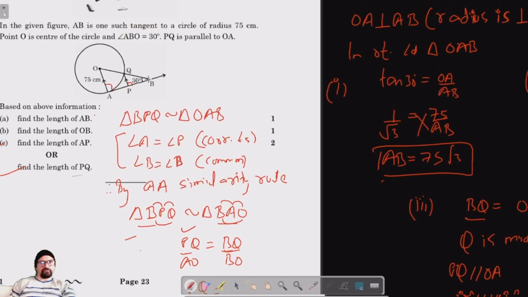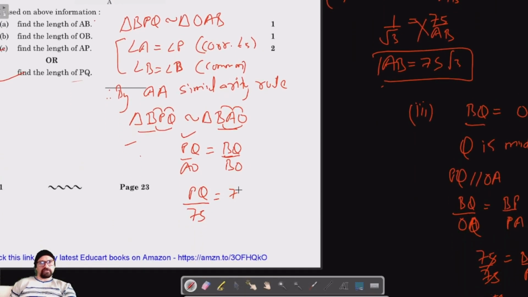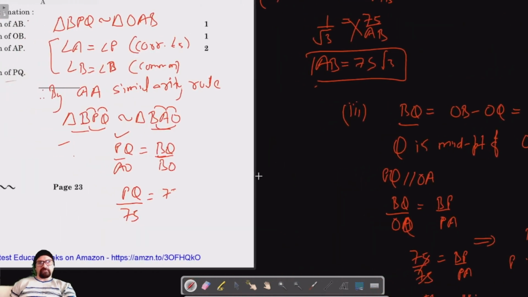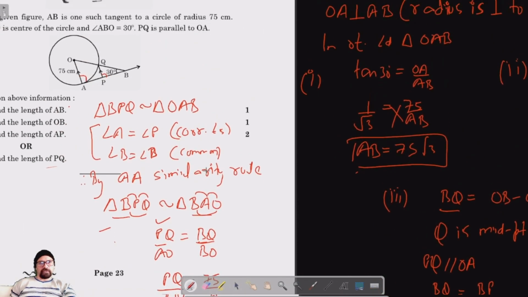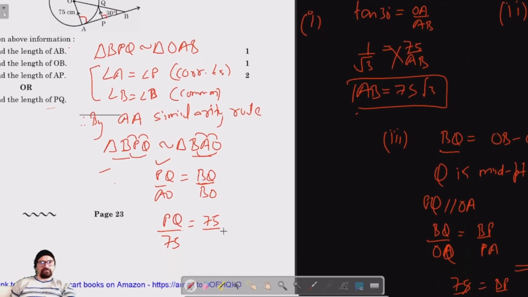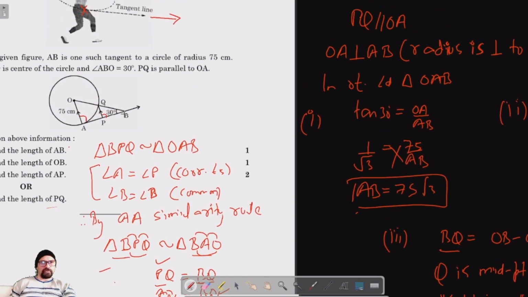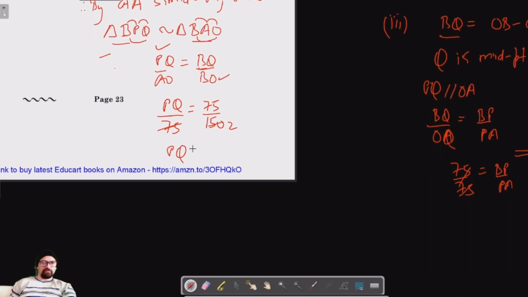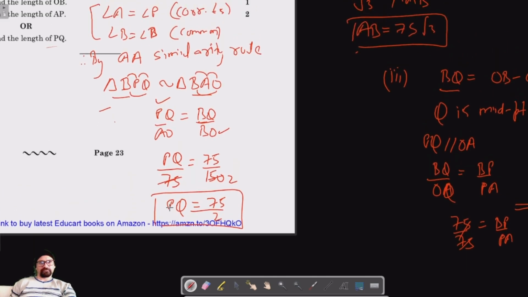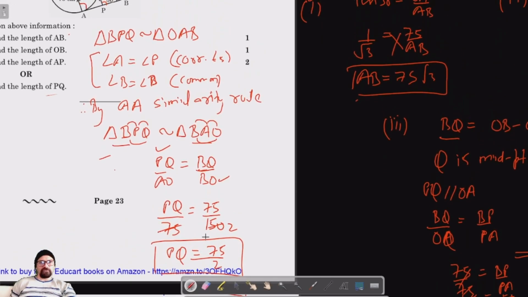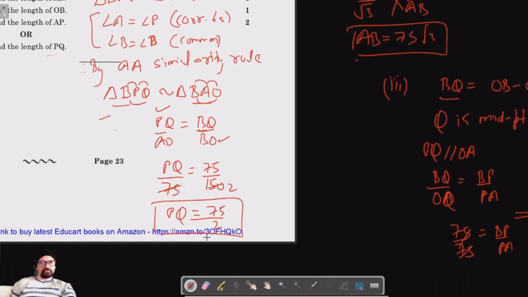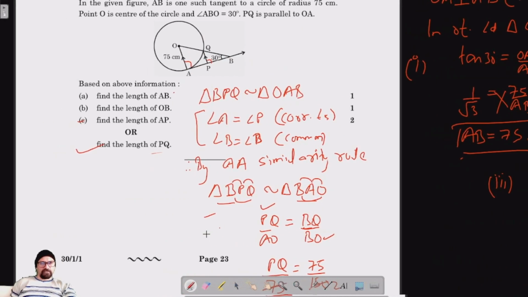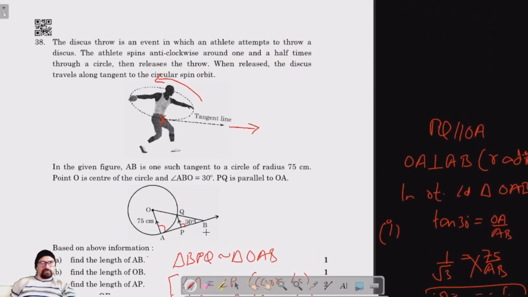Do we know the value of BQ? Yes, BQ is 75. And do we know the value of BO? Yes, it's 150. So PQ is equal to 75 by 2. And this solves our question number 38.